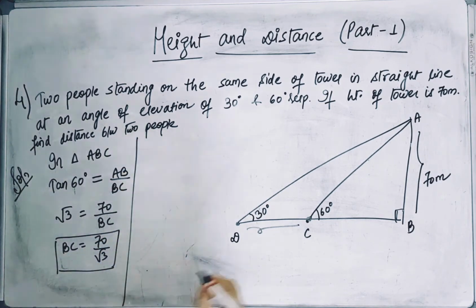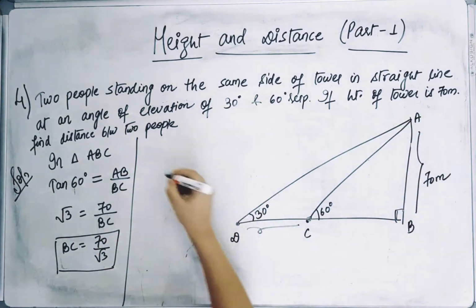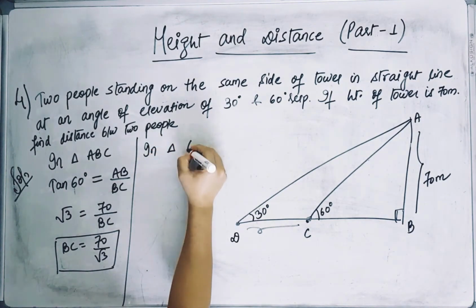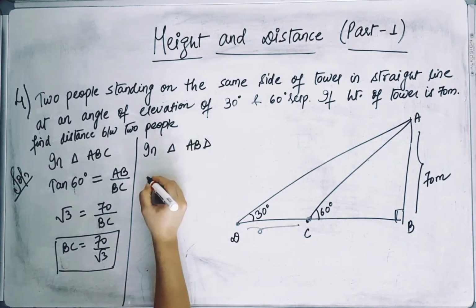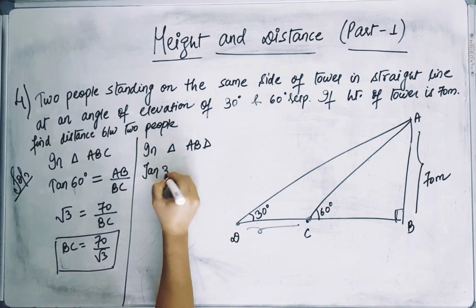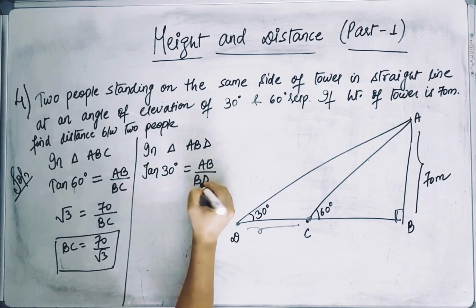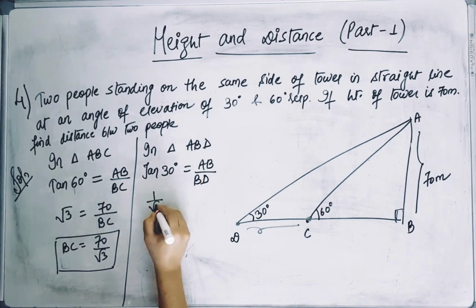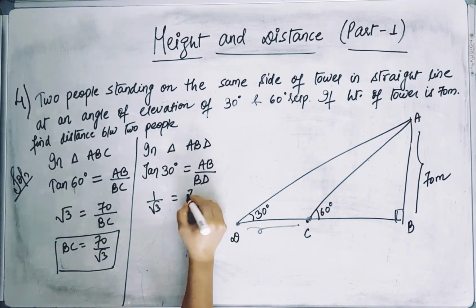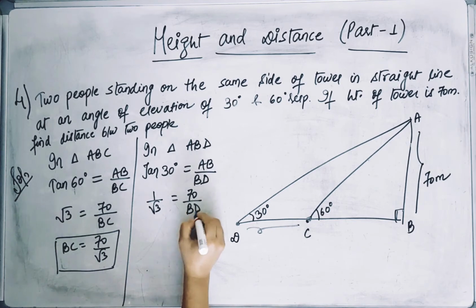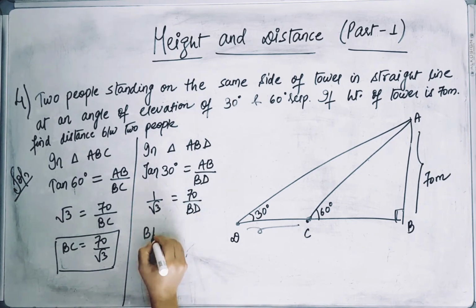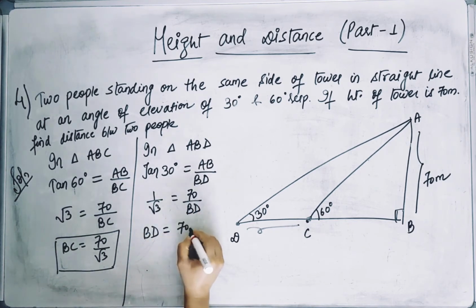Now in second we'll take triangle ABD. In triangle ABD, here tan 30 will be what? AB by BD. So tan 30 is 1 by root 3. AB is given, that is 70, and BD we have to calculate. So BD here will be what? 70 root 3.